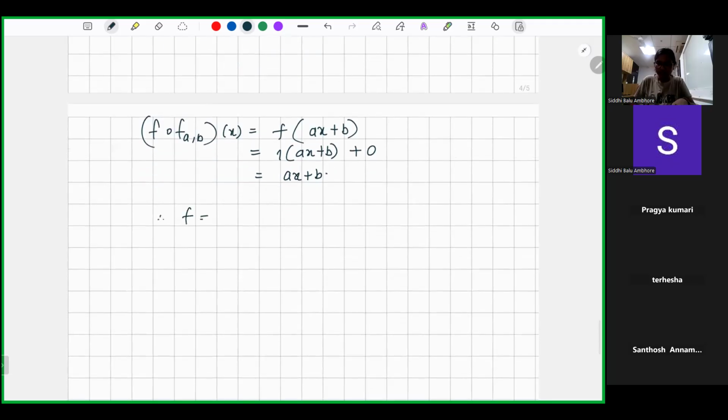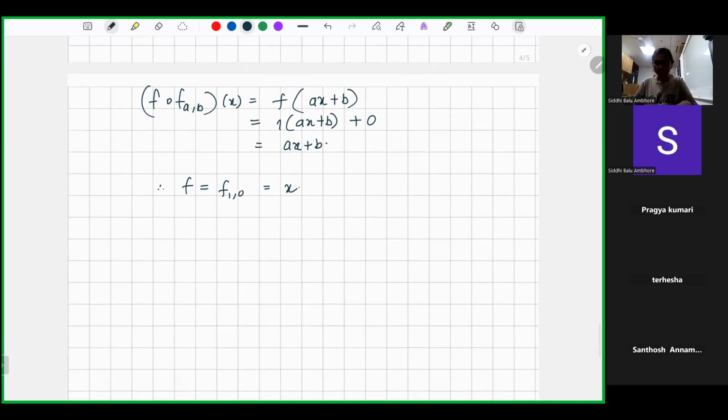So therefore, this f is equal to f 1 comma 0, that is just the identity function on R to R. When I say identity function, it's different from the identity of this group. By identity function, I mean the function from R to R mapping x to x, which actually gives us the identity of this affine one group, or affine group of R. Okay, I hope this was clear. So now I need to check the inverse.